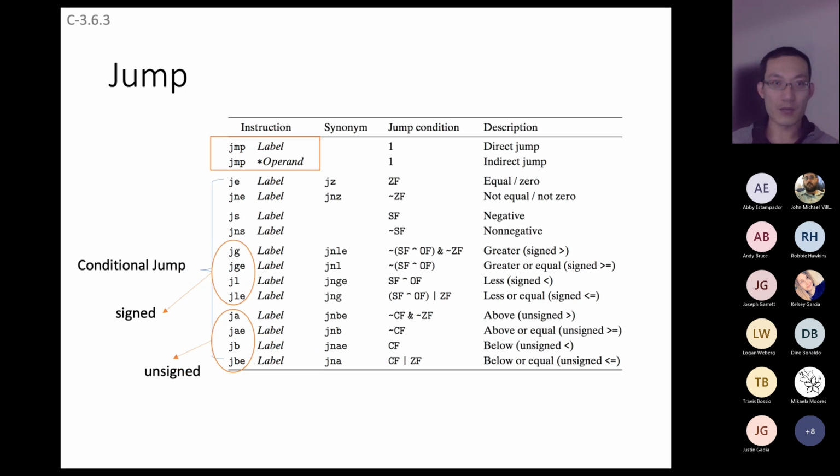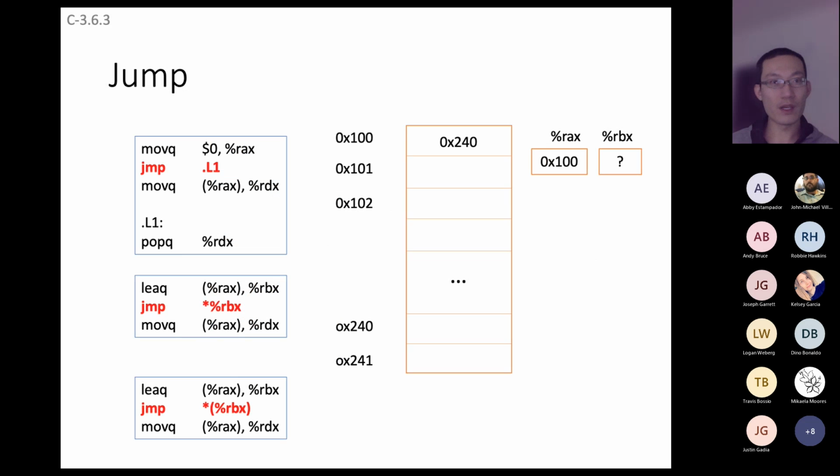And then we talked about the unconditional jump, JMP, or you can do conditional ones, starting with J, followed by the conditions. We can specify the target address in three ways. One, we could give a label for it. The second way, we can put the target address inside of a register, or we can put the target address in memory.